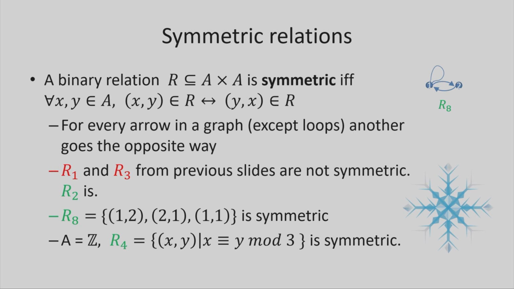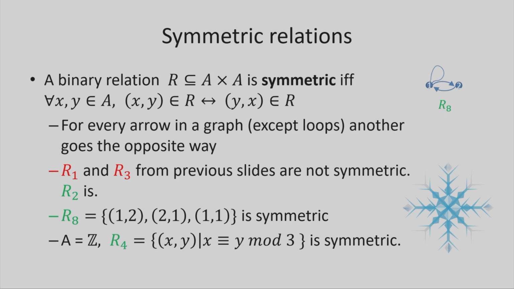It's not reflexive, it's not anti-reflexive because 1 has a loop and 2 doesn't, but it is symmetric. So being reflexive and being symmetric are two properties that don't really interact with each other. Something can be reflexive and symmetric, anti-reflexive and symmetric, or neither, and it's fine.